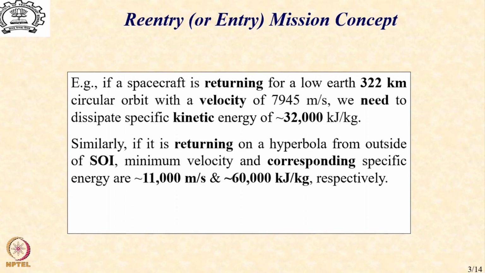So let us take one more example of an object which is returning from outer space mission on a hyperbolic trajectory. Typically the minimum velocity would be of the order of 11,000 meters per second, and the corresponding specific energy is likely to be of the order of 60,000 kilojoules per kg.